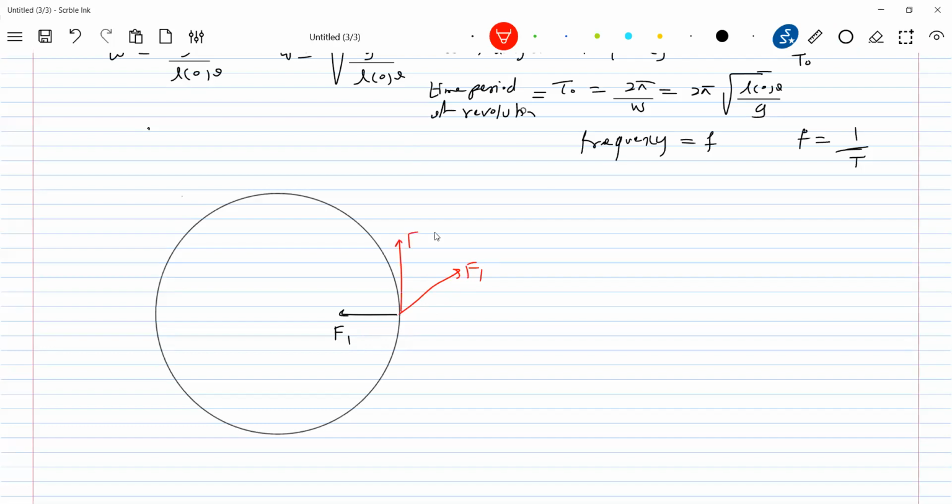So this will be another force, F2, and F3 is this.